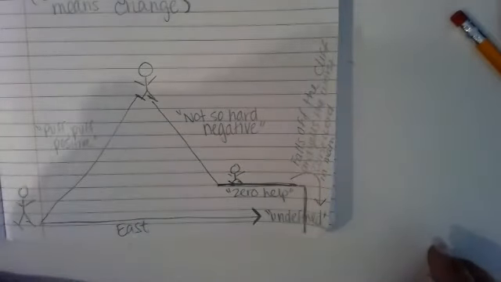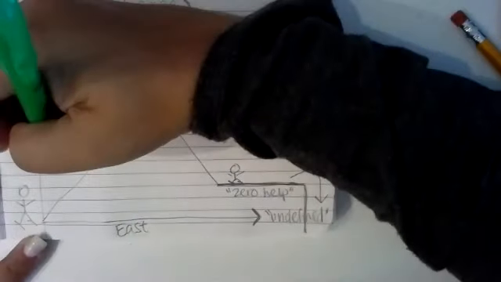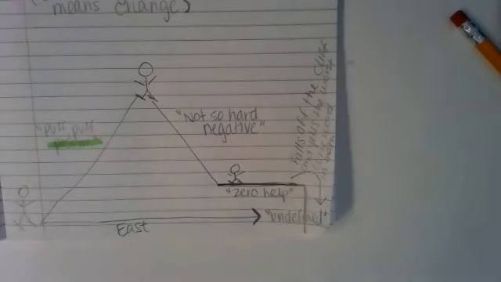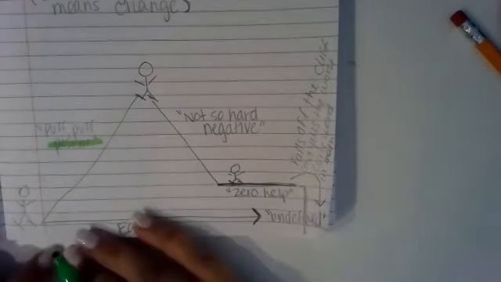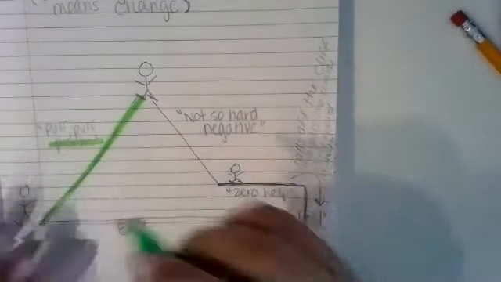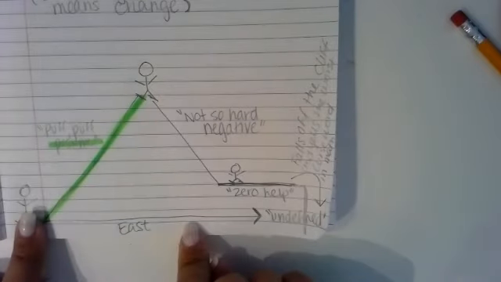The first thing I'm going to look at here is the puff, puff, positive, which means positive slope. In order to have a positive slope, I start on the left and I rise to the right. This right here is what a positive slope looks like, starting on the left, rising to the right when I go east.